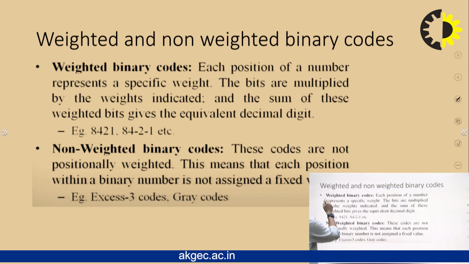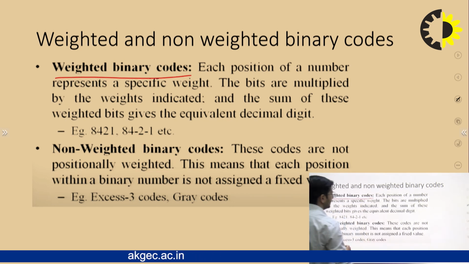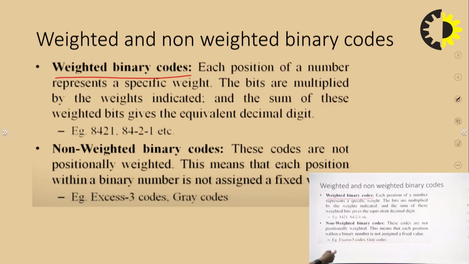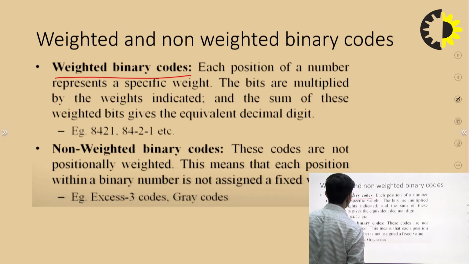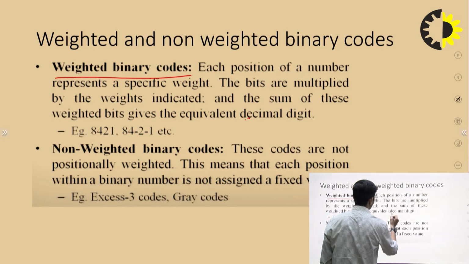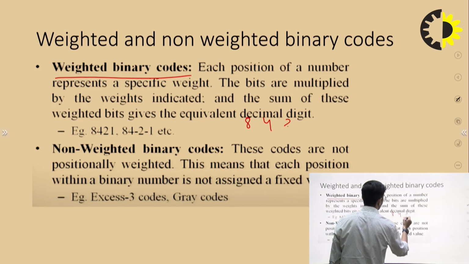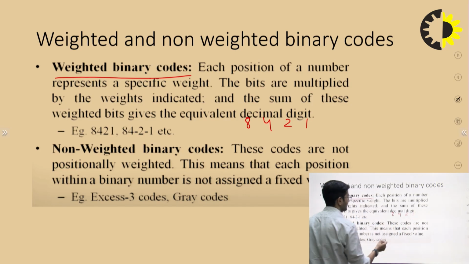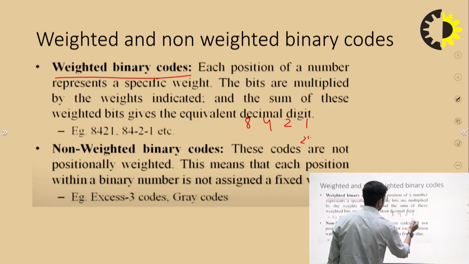So first of all, what are weighted codes? Weighted codes, the definition says that each position of a number represents a specific weight. The bits are multiplied by the weights indicated, and the sum of these weights will give the equivalent decimal digit. For a 4-bit number, the weights are 8421, which is represented by 2 to the power of 0, 2 to the power of 1, 2 to the power of 2, and 2 to the power of 3.